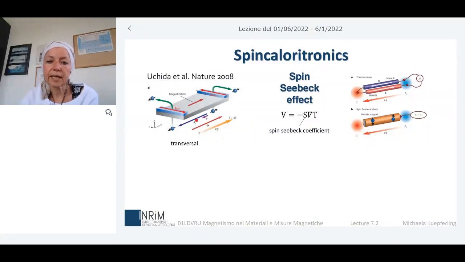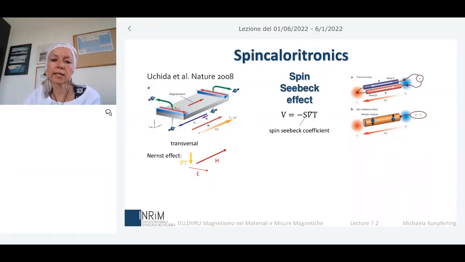Here you can see this structure is made of YIG, a ferrimagnetic insulator, and on top you have these stripes of platinum. We apply a temperature difference, and we will measure a spin current that is produced due to this temperature gradient and revealed in these platinum stripes due to the inverse spin Hall effect.